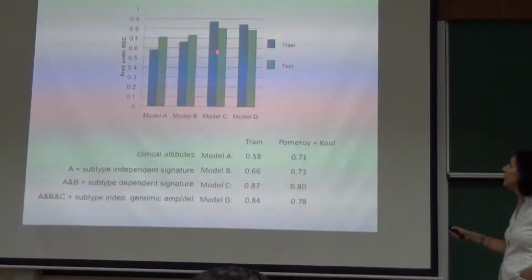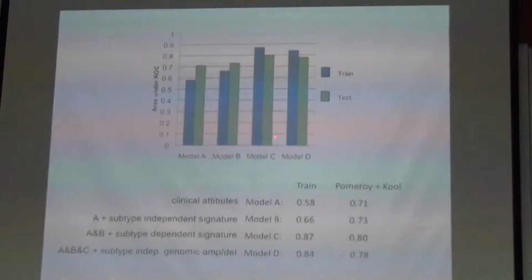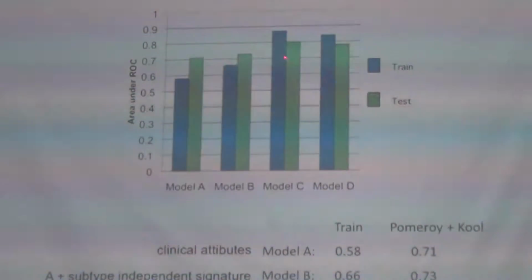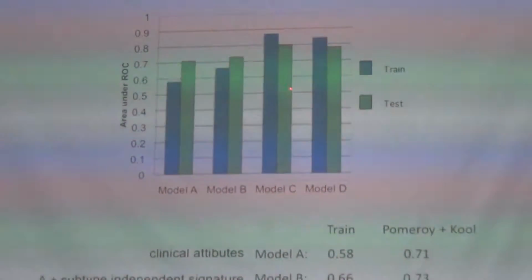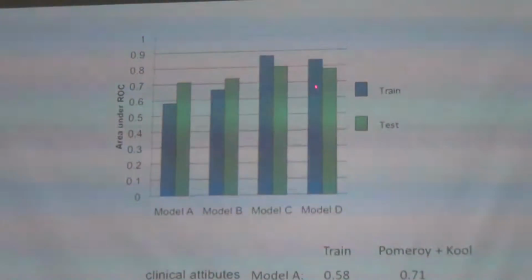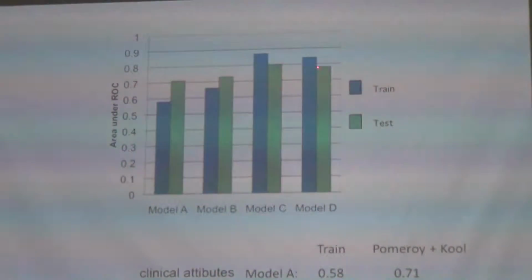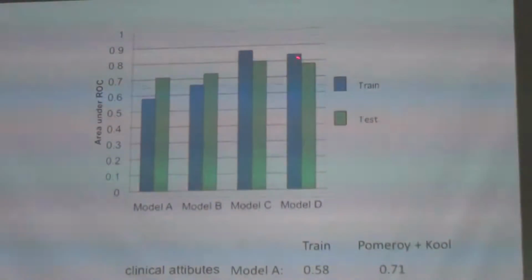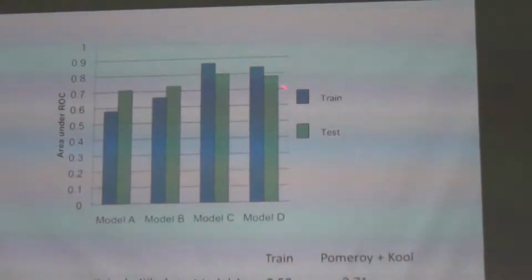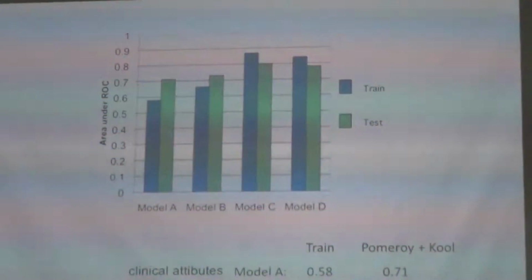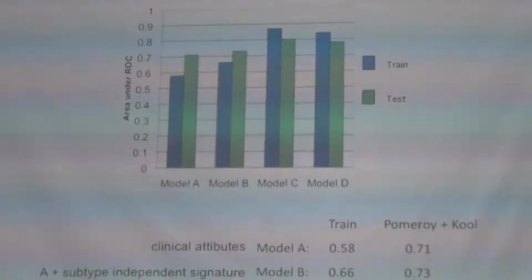But once you get the subtype involved in the model, then you get a significant increase in the accuracy of the model. See that big jump. And then in Model D, you lose a little bit of accuracy. Why do you lose it? We think you lose it a little bit because we didn't have enough data actually to train on in that case. We didn't have copy number for all the data.